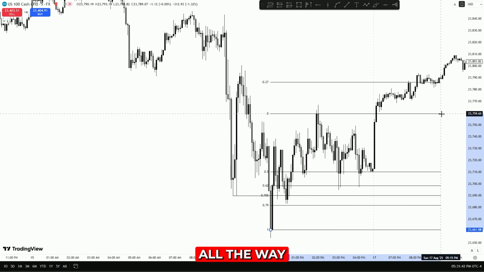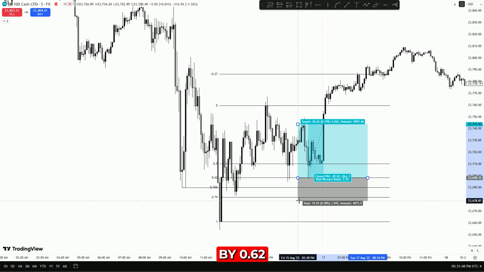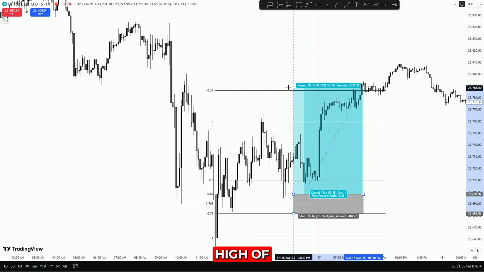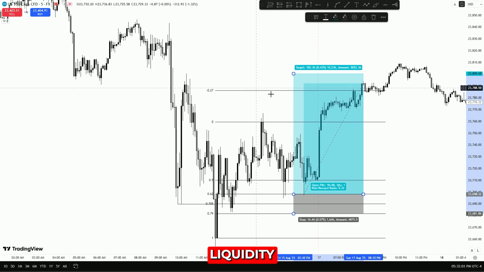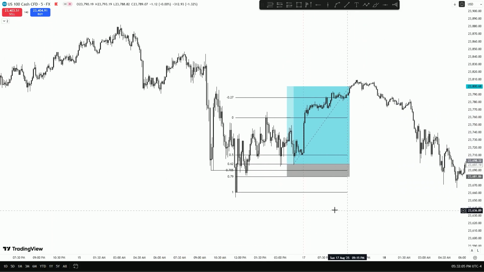The market came all the way to your 0.62 level, and most of the time you're going to get tapped by the 0.62 level. You can place your stop somewhere here, and then target the high of 0.27 minus 0.27, or you could target the newest buy side liquidity, as I said. This is your optimal trade entry.